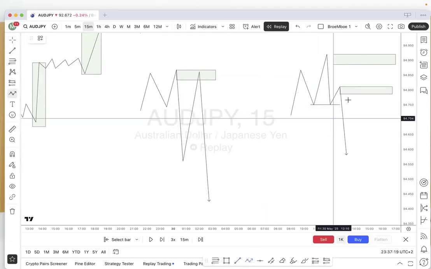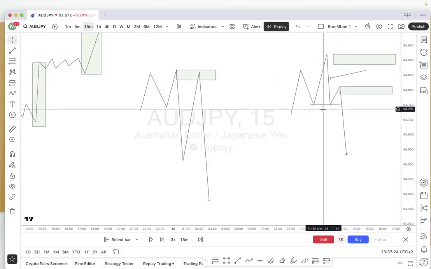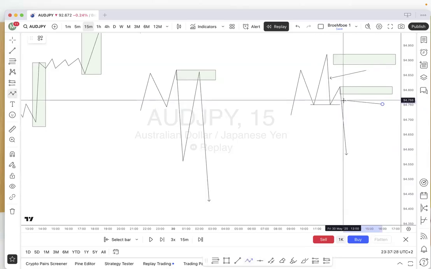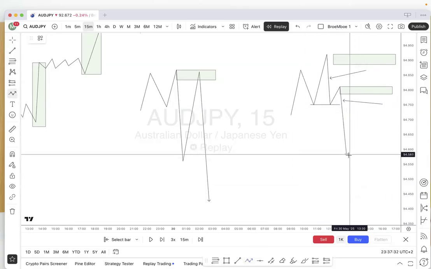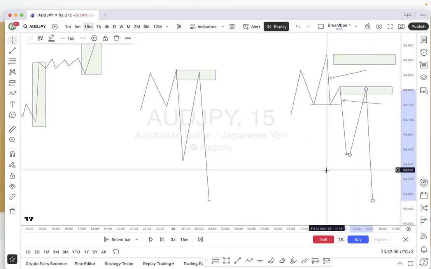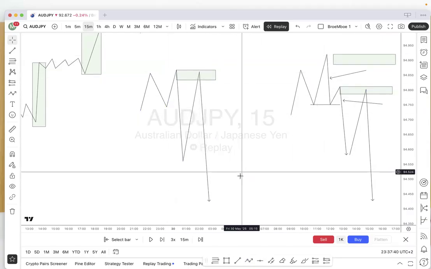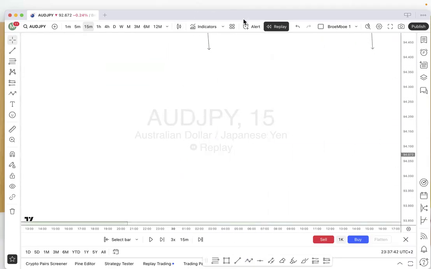It simply means this move attempted to break the low but could not. But this move is the one that ended up breaking the low. So price is likely to go there and down instead of going all the way back up like the previous one.